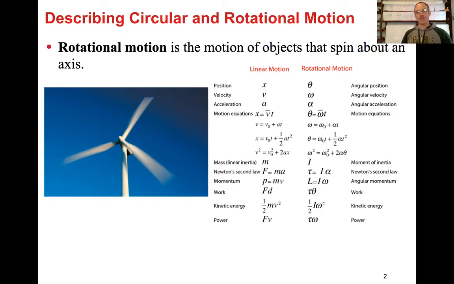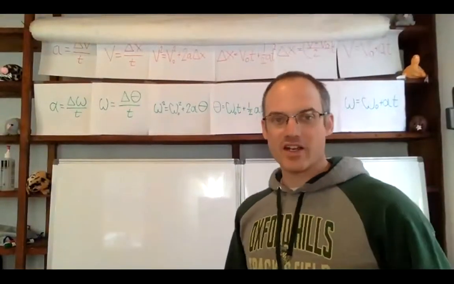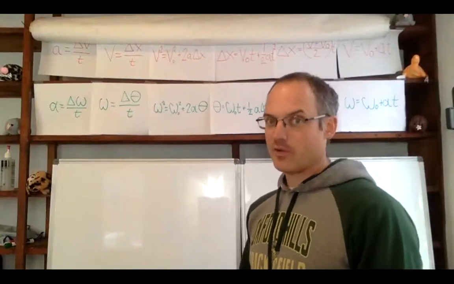One of the key things that you should define before you get started is what angular position is compared to normal position. We're measuring that in theta, or angle. And then velocity is angular velocity, acceleration is angular acceleration. Now, if you remember those key points, then you'll be well on your way to understanding what is going on in rotational systems.